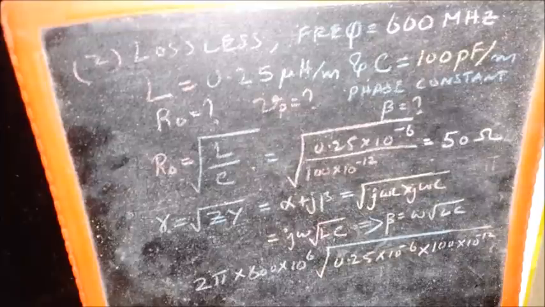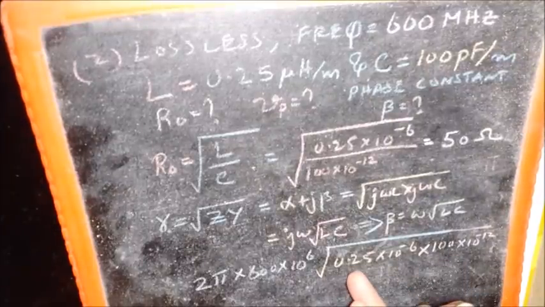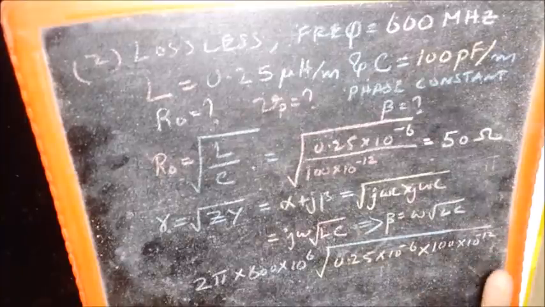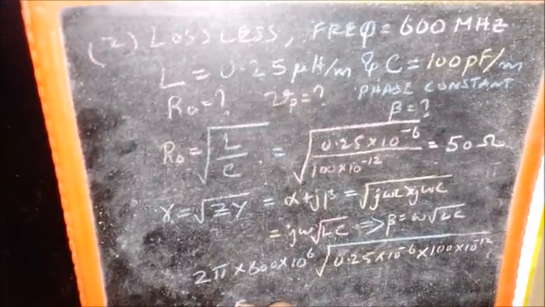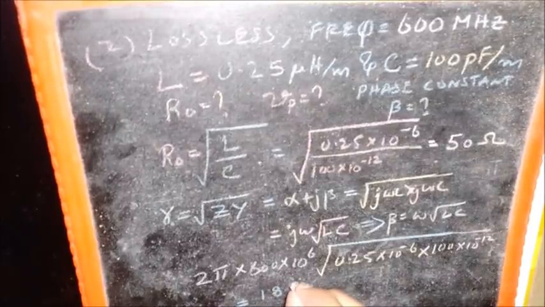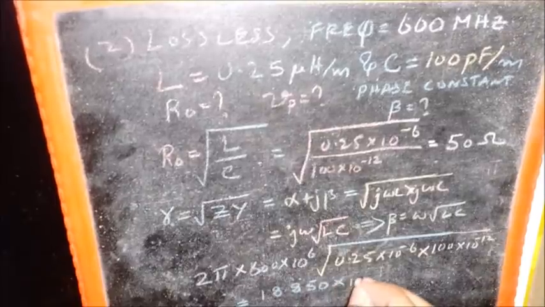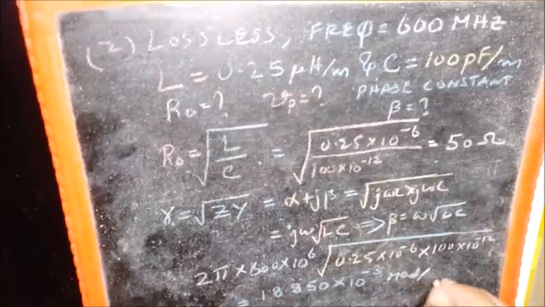You can calculate this. This will turn out to be 25, and 10 power minus 6 times 10 power minus 12 gives 10 power minus 18. So it will be 5 into 10 power minus 9. All those calculations you can do, and you can check whether the final answer is 18850 into 10 power minus 3 radians per meter.